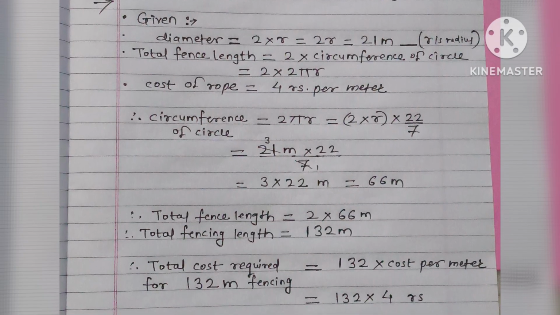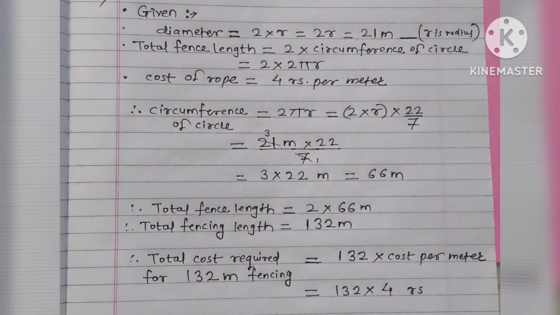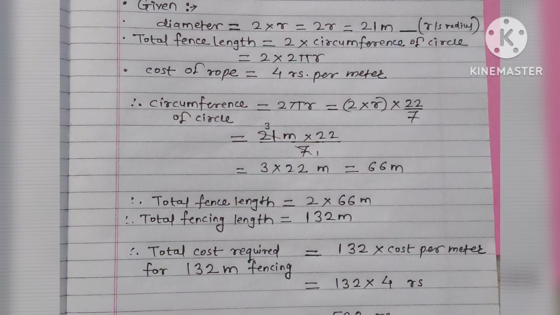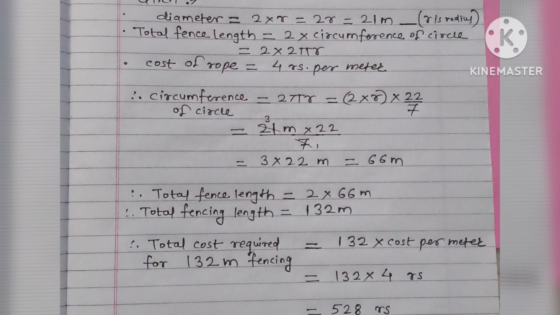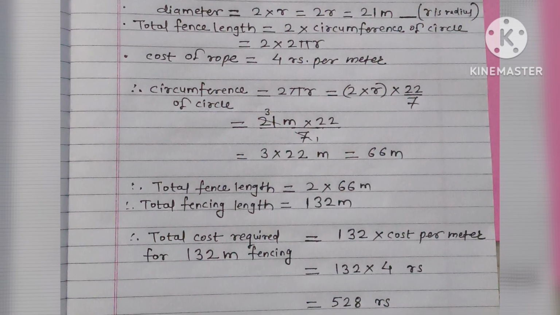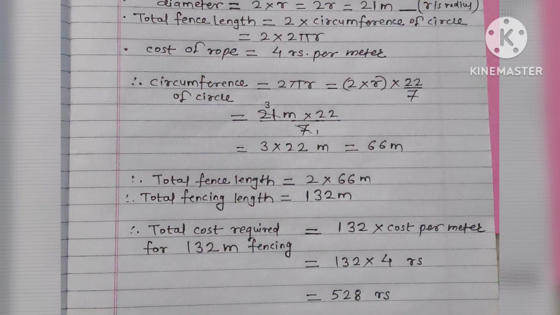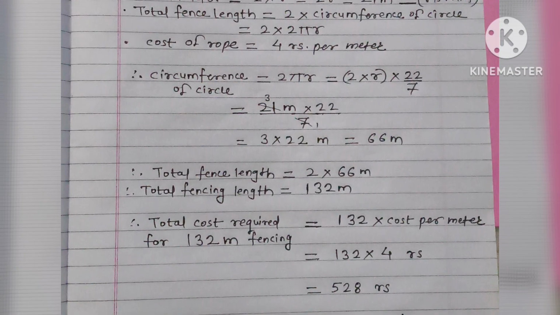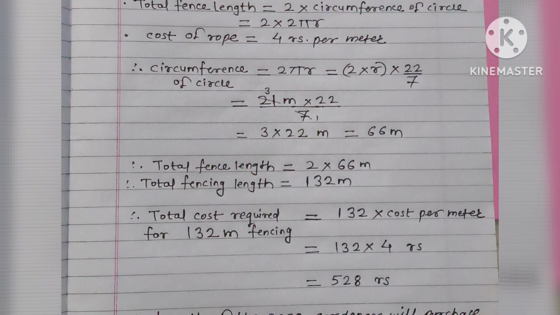Here it is coming 132 meter because we got 66 meter as the circumference of the circle. So we multiply by 2 and we'll get 132 meter as the total fencing length, or the length of the rope which the gardener has to purchase.